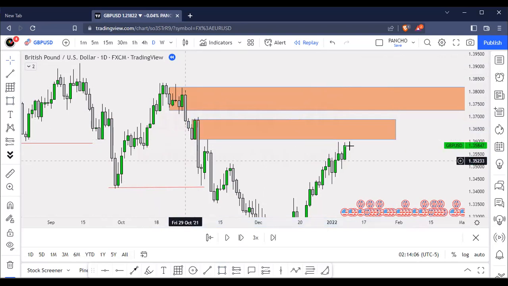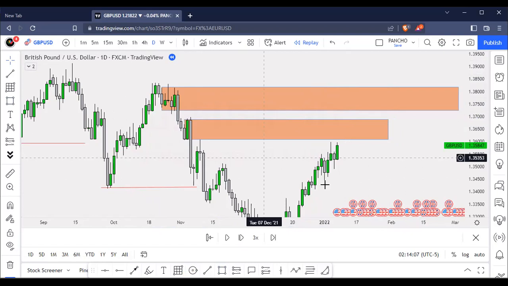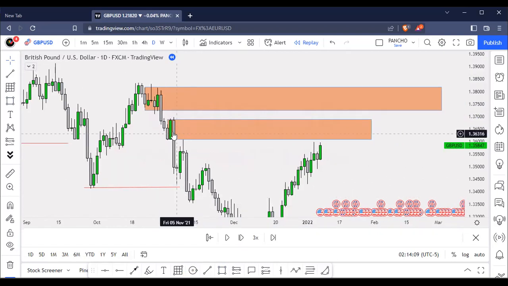So we see the market has not touched this order block. What we are going to do is wait for a retracement here.